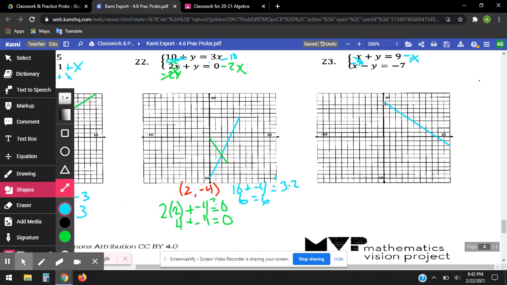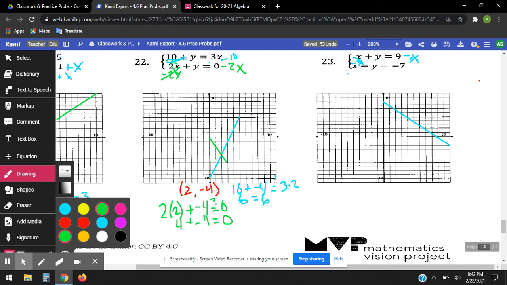All right. So this one over here, it's a minus x, but notice I have a negative y, which means I have to divide by negative 1 for everything. So that means y equals positive 7 plus x.